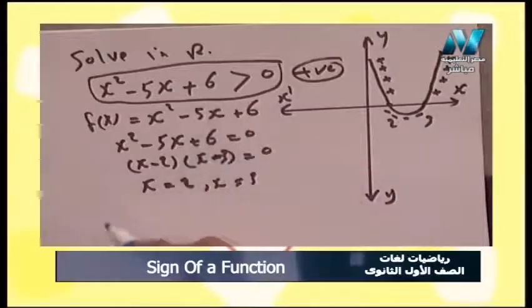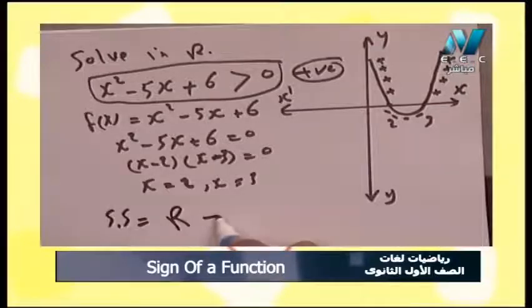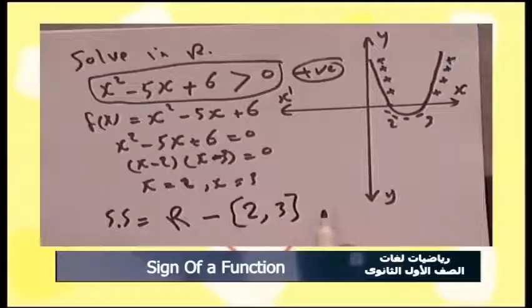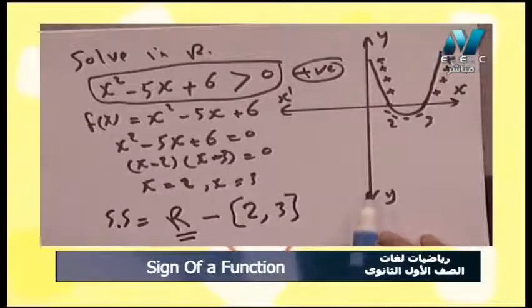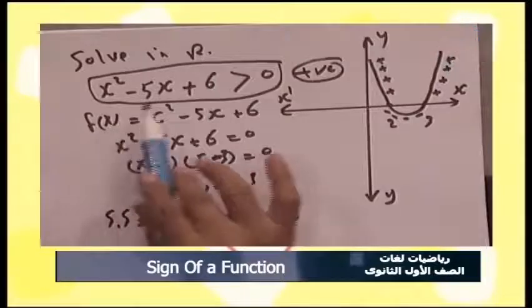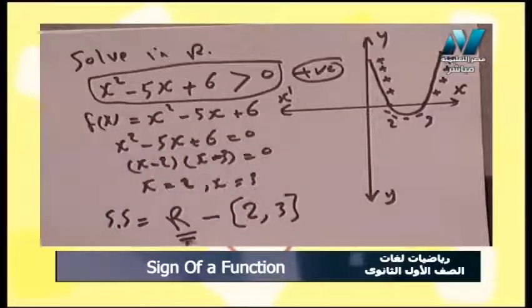So the solution set here equals R except the closed interval from 2 to 3. This part is positive, this part is positive, which is all real numbers except 2 and 3. Why?